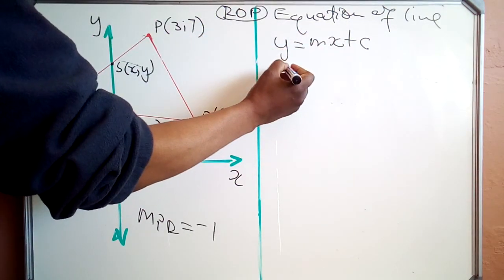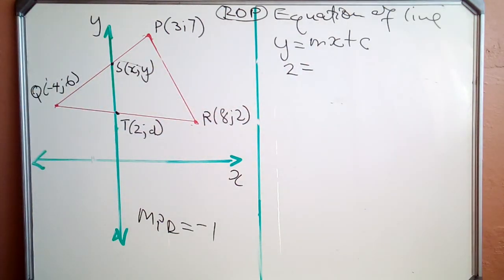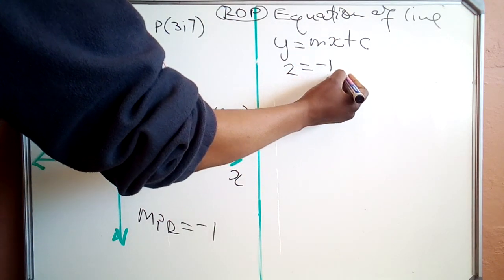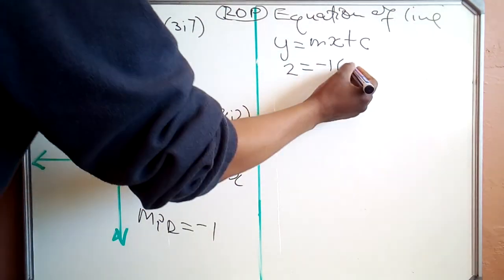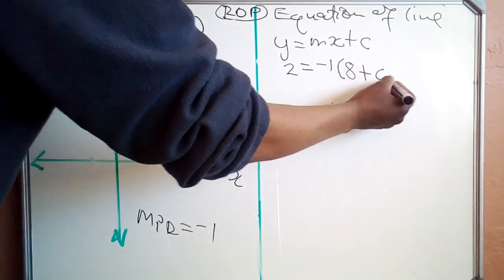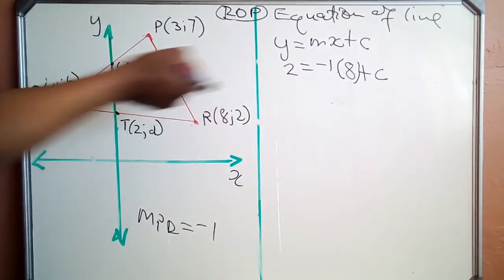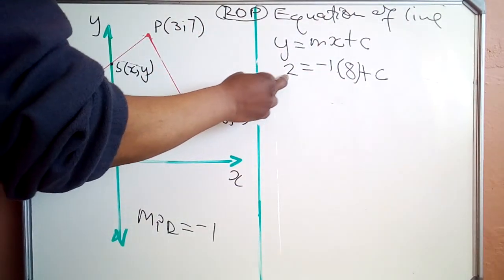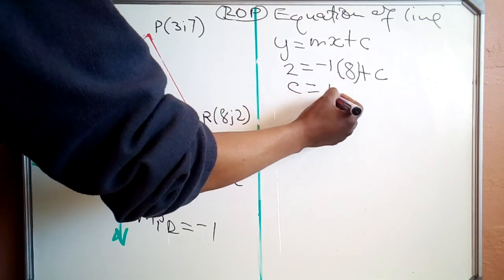So 2 equals the gradient, which is -1, times x, which is 8, plus c. Now this is -8. If you bring -8 to this side, it is going to be 2 plus 8, so c is equal to 2 plus 8, which is 10.